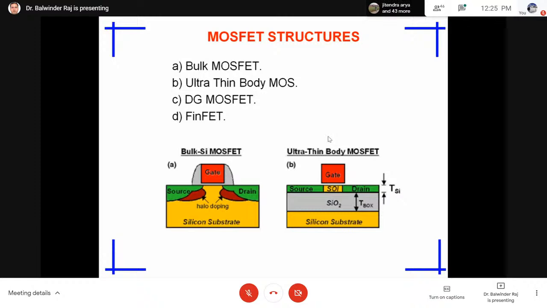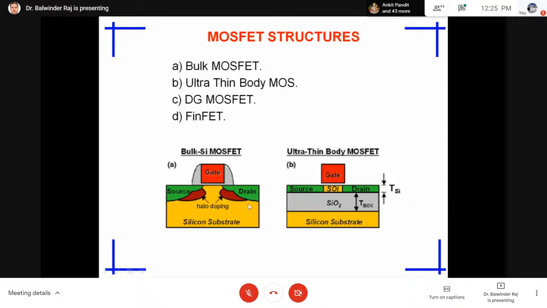So how did we come up with this ultra thin body structure with an additional layer of silicon dioxide under the source and drain? If we have this structure with the bulk MOSFET, with a P type silicon substrate, the source and drain will be N type, and there is a PN junction formation between source and body, and drain and body.